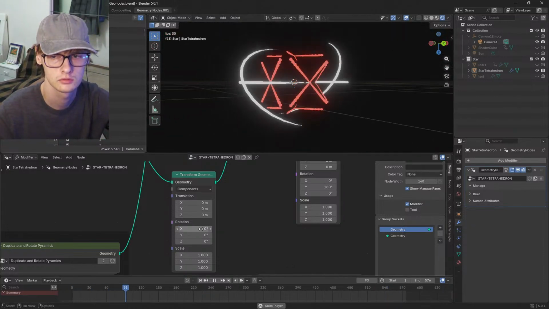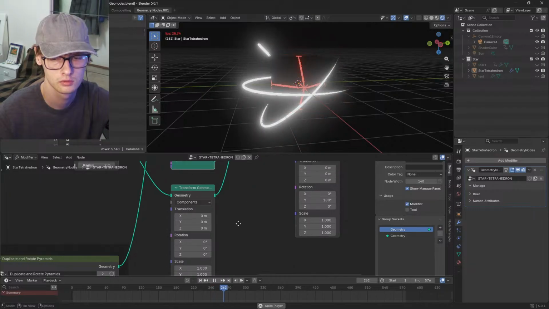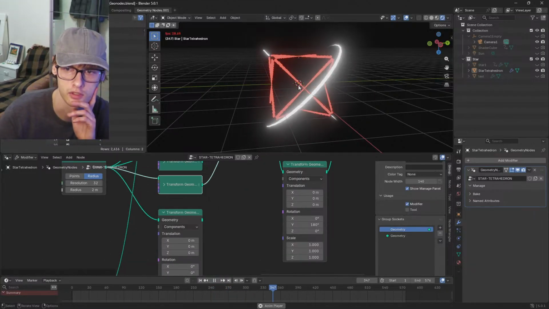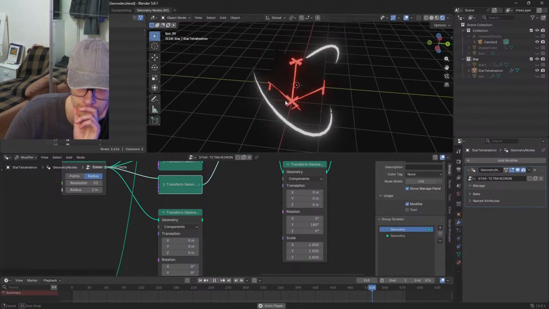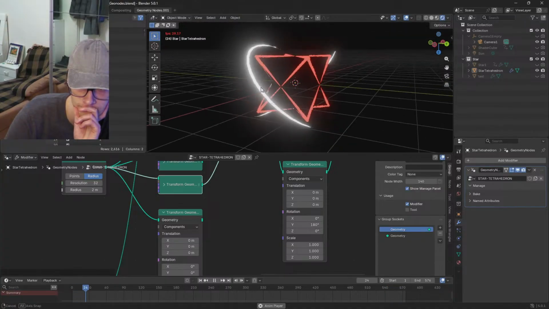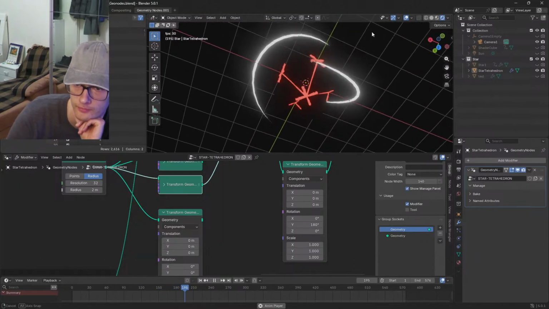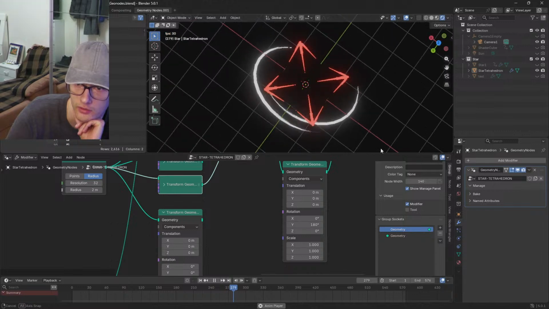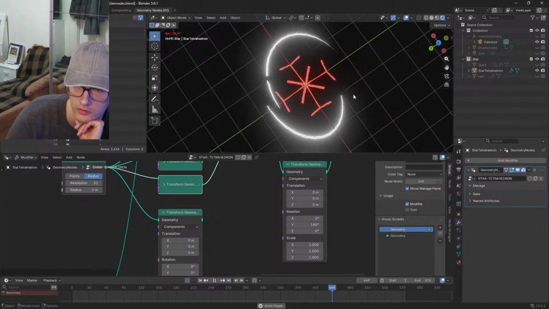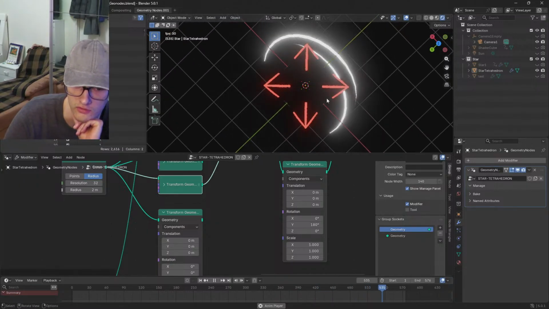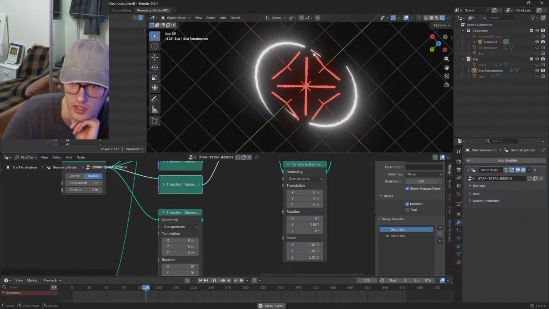Or 0? No. How can I build on this? Does it need anything more? Ah, there's nothing on this axis, I believe. If you look at the view right now, there's no circle which is going on the line which is up and down.